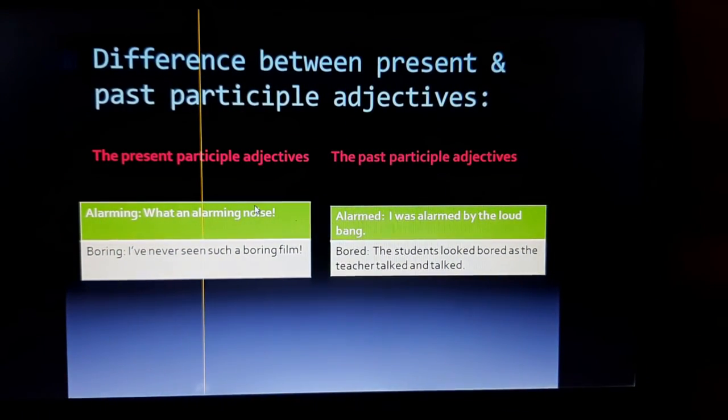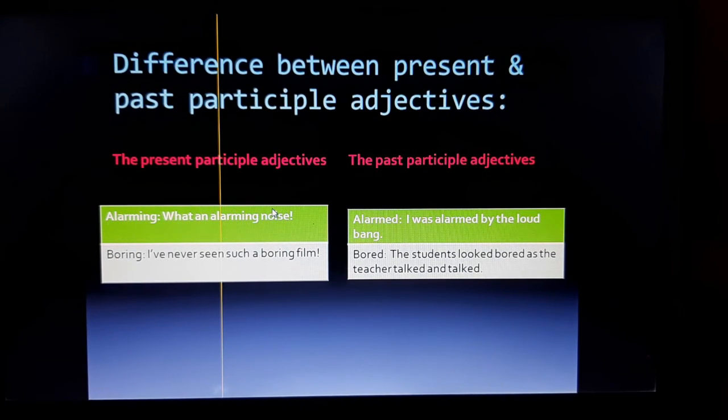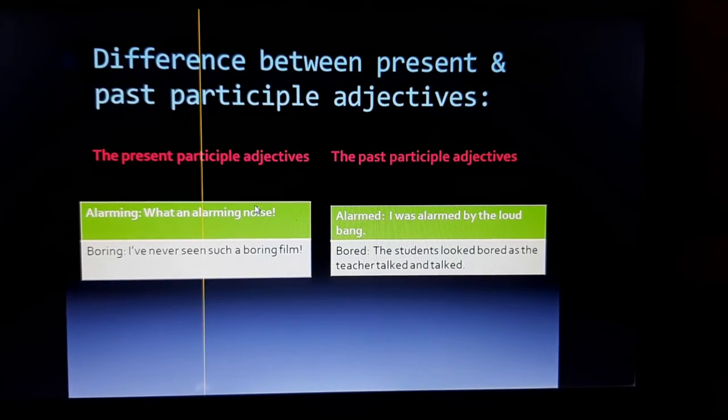The example says: what an alarming noise. It's an ongoing action, so we are using the present participle form. But what if it was in past participle form? It would be: I was alarmed by the loud bang. It was a completed action, it already happened. So it is a past participle adjective.